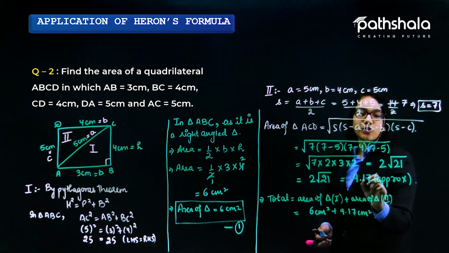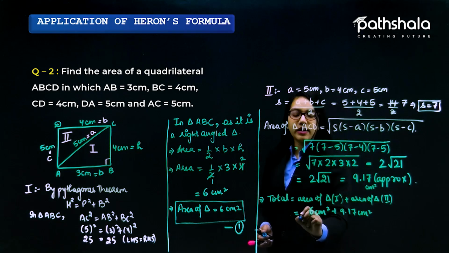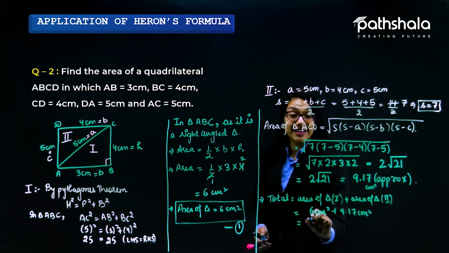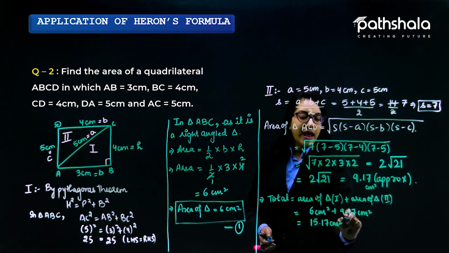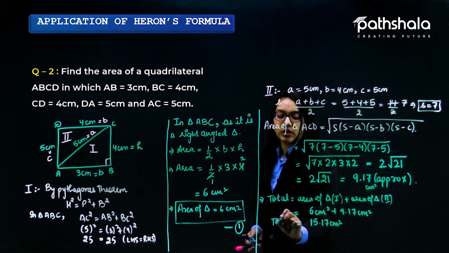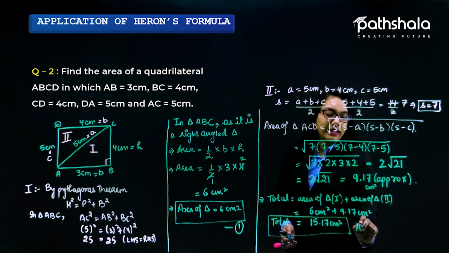Obviously this is centimeter square. After adding both of these, we get the answer as 15.17 centimeter square, and this is the total area of the quadrilateral ABCD.